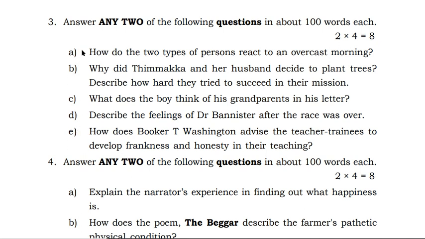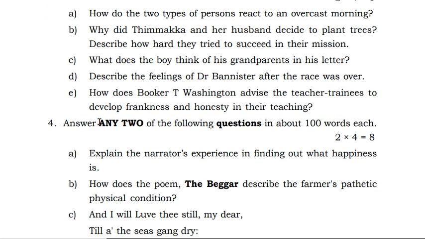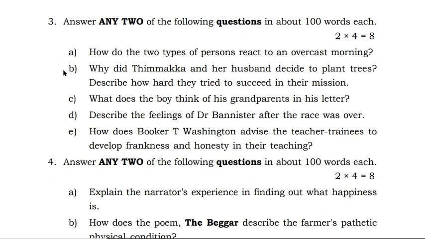Here there is internal choice, that means they will give you 5 questions and you have to choose only 2 from them. If you answer 2, that's enough. Then that means this third question, the question and answers, comes from prose lessons. If you prepare prose lesson question and answers, here you could score good marks.